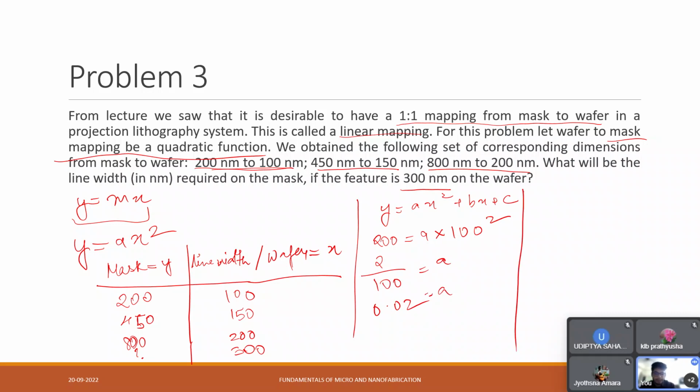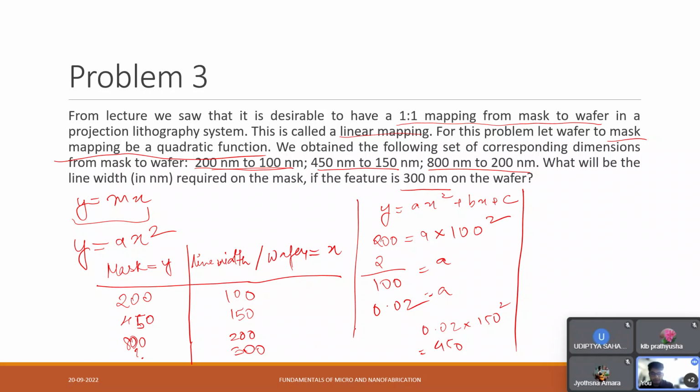Let's see if other values are also obtainable from them. 450, so 150. 0.02 into 150 square, we should get 450. Yeah, that's 450. Another also you can check.